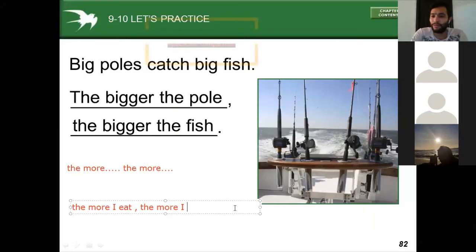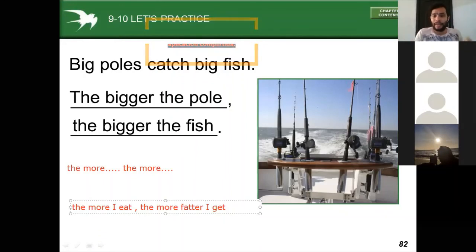Pero como yo dije, más me engordo, entonces sería the more I eat, the fatten. How about fatten? The fatter. ¿Cómo se dice engordar? No hay una manera en inglés de decir engordar.